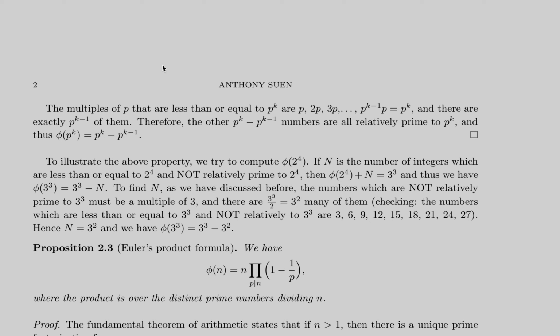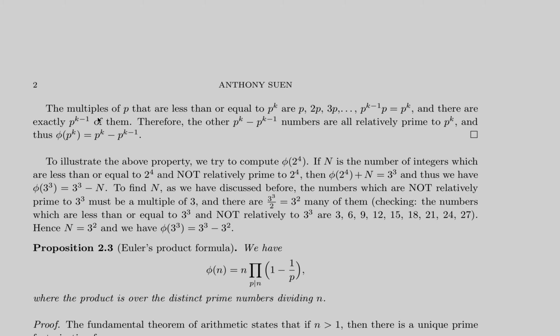You can take the multiplier to be p to the power k minus 1. If you multiply these two numbers together, you get exactly p to the power k. So if you count those multiples, how many are there? You have p to the power k minus 1. Those are the multiples.